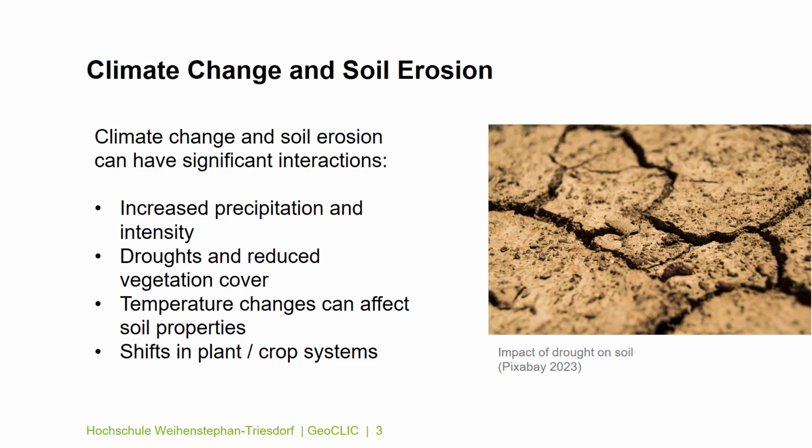Both are affecting and increasing erosion. Temperature might also change the soil properties. And last but not least, we might see shifts in plant and crop systems. And as I will explain in a couple of minutes, the crop management and the type of crop has an important impact on erosion.